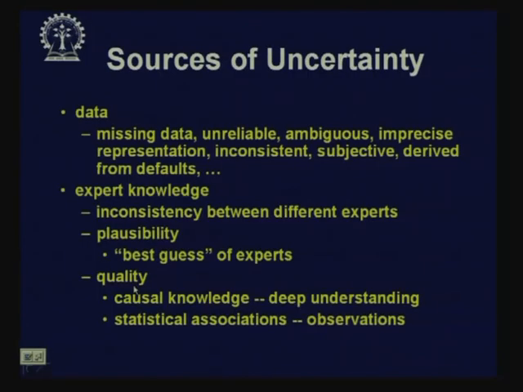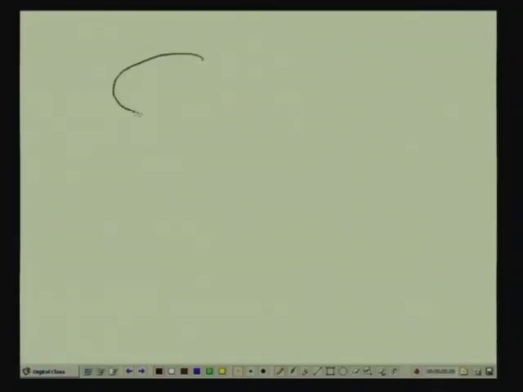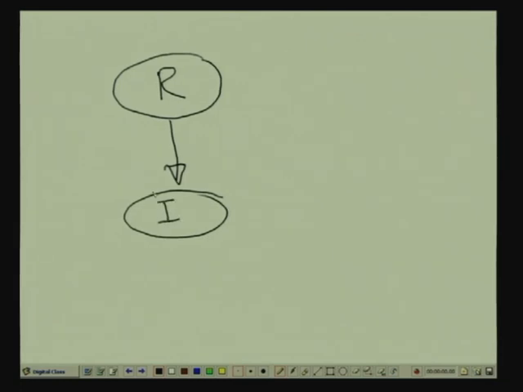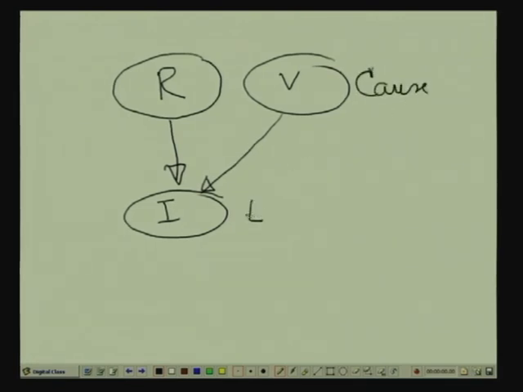The other important factor is the causal knowledge. If we know the causality, the cause effect relationship, as I briefly touched upon in the last lecture: if I know that the resistance of an electric circuit affects the current that is flowing, and also the voltage causes the current to flow, this is the cause, this is the effect.